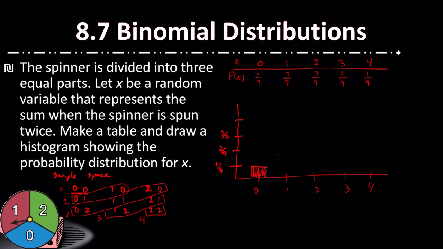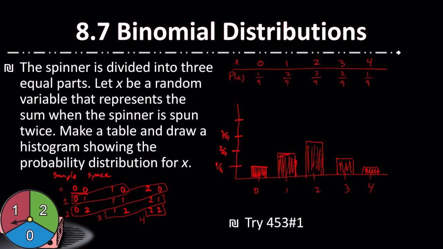The 1 goes up to 2. The 2 goes up to the 3. The 3 goes up to the 2, and the 4 goes up to the 1. And there's my histogram. You can see by looking at that, the 2 is the most likely to get, and the 0 and the 4 are the least likely to get.